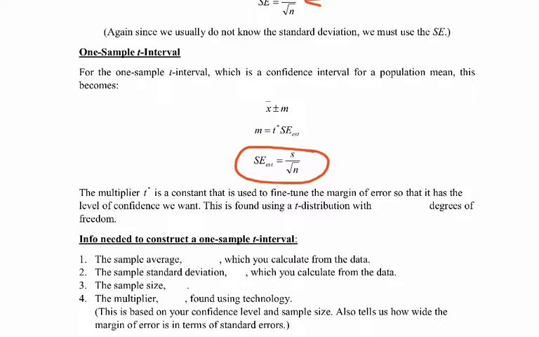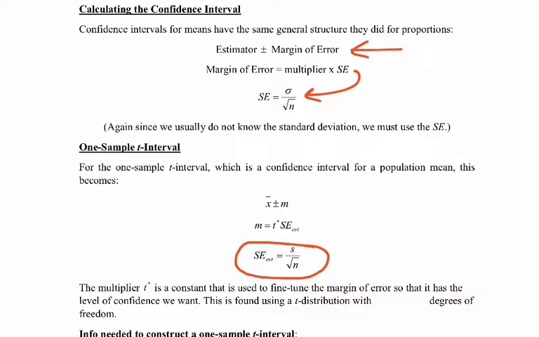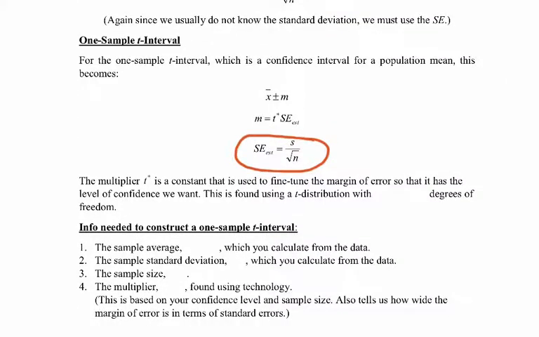So for a one sample t interval now, remember we're using a t distribution, which is a confidence interval for the population mean. Here's what we end up with. We end up with x bar, my estimator, plus or minus m, and m becomes t star, and I'll show you what t star is in just a minute, times the estimated standard error, and we're going to use this formula where we use s, the standard deviation of our sample.